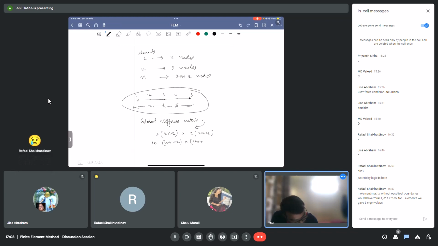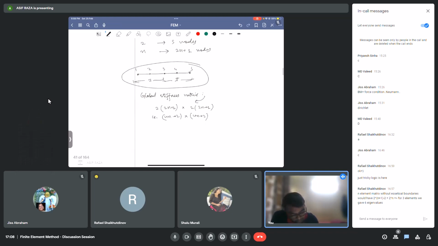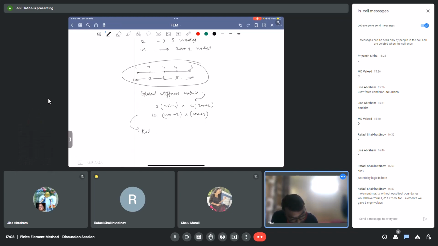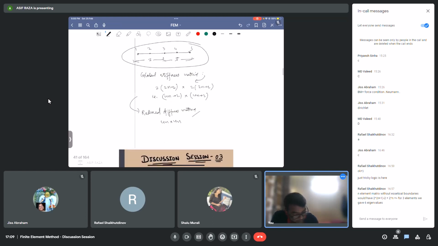And when we reduce it, the stiffness matrix will have 4n by 4n, right?